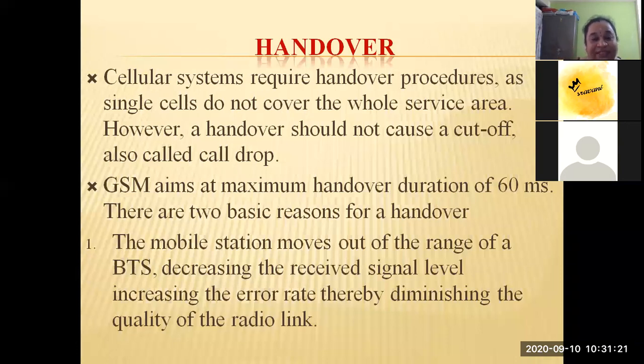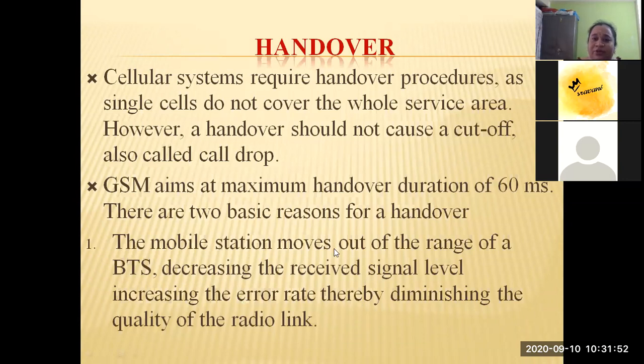But if you cross the distance covered by the base transceiver system, then we need the handover, to be received and recovered by some other BTS. Why? Because your signal is out of the range of your own BTS. Then another BTS has to take over that signal. That is the reason for the handover.